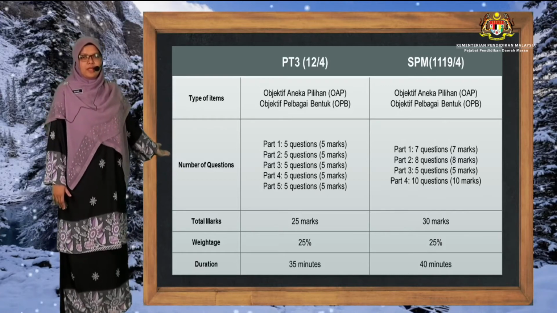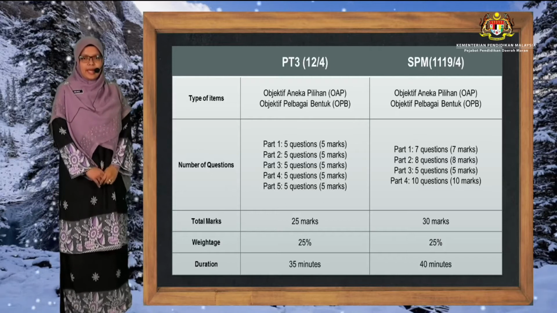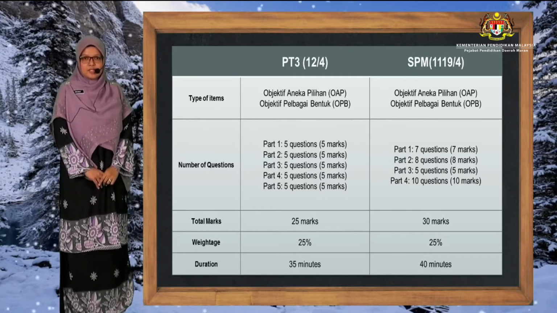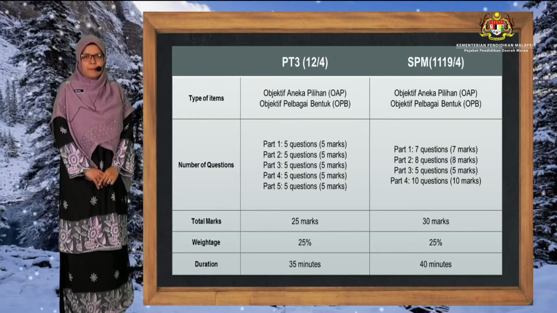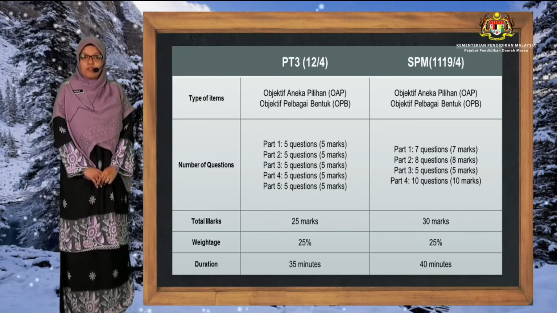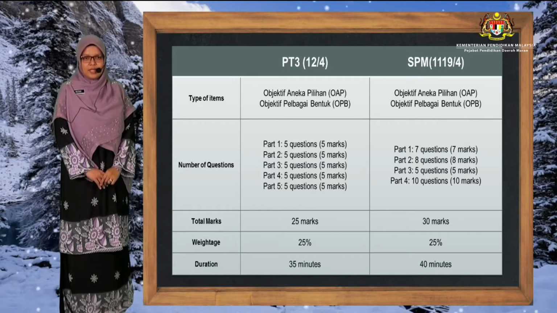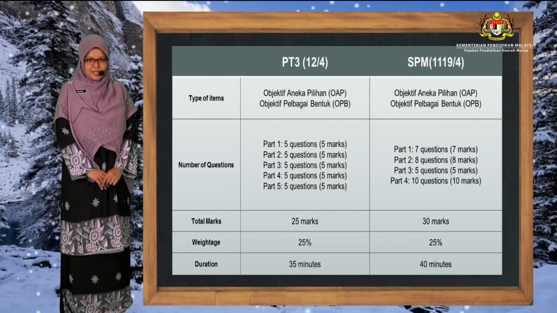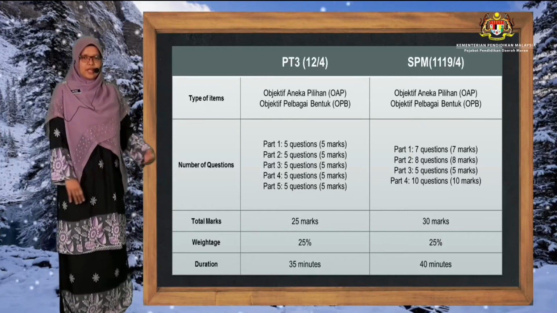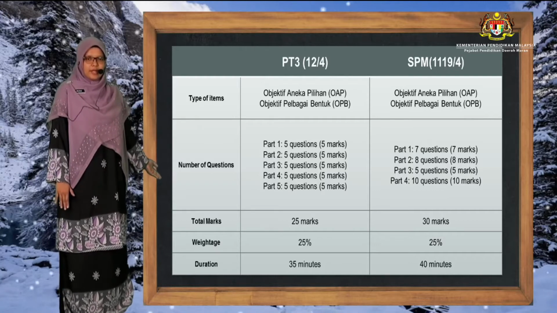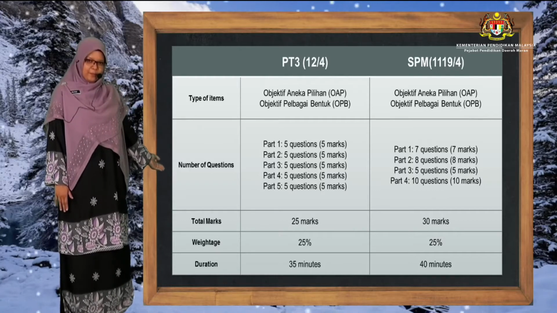For PT3, we have 5 parts. Each part consists of 5 marks. But for SPM, there are only 4 parts, and it consists of 30 questions, which carry the total marks 30 for SPM and 25 for PT3.